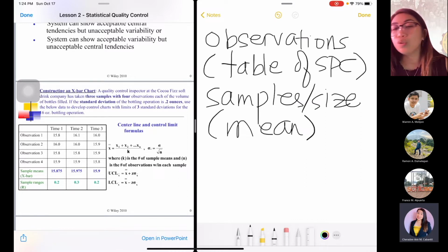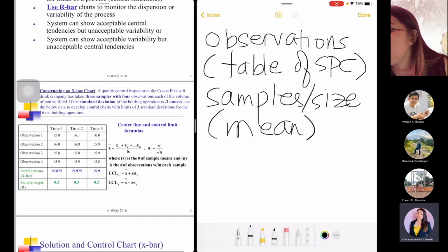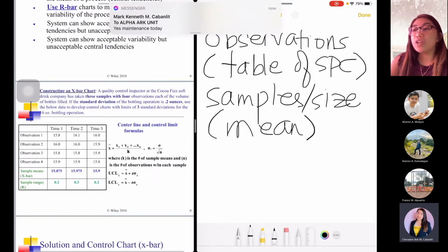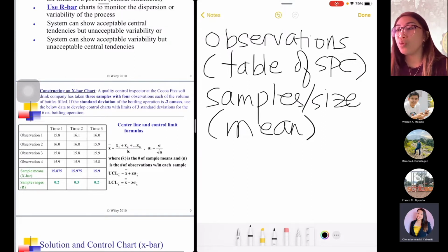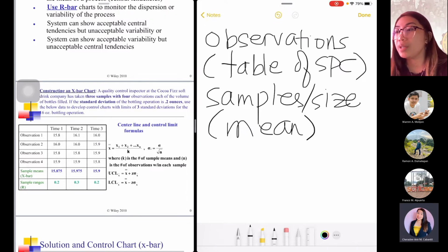Okay, only for the computation of the mean. So just like here, you have this problem. If the standard deviation of the bottling operations is 0.2 ounces, use the below data to develop control charts with limits 3 standard deviations for the 16 oz bottling operation.